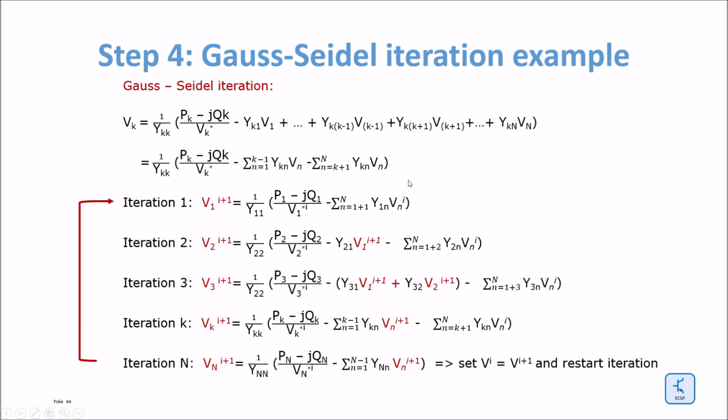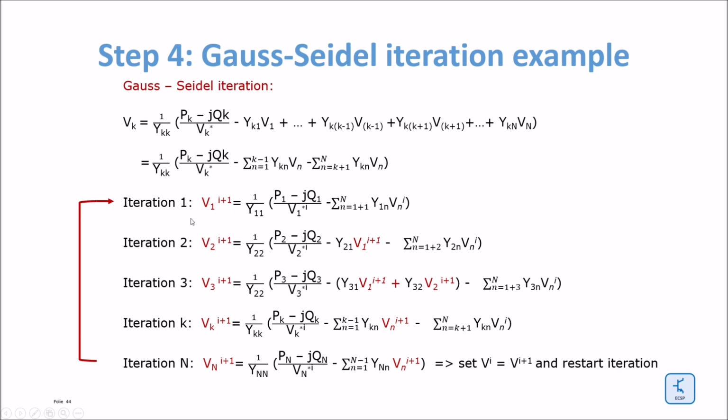For each iteration cycle, I start with row number 1. So here I will get the result of this formula here. Here I have the old voltage values, and based on this formula for row number 1, I get the new voltage value.